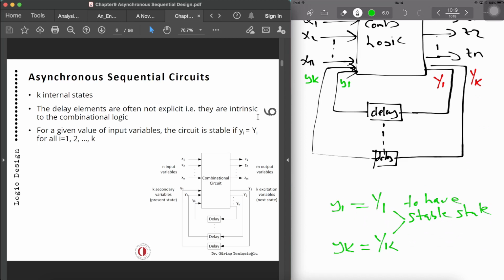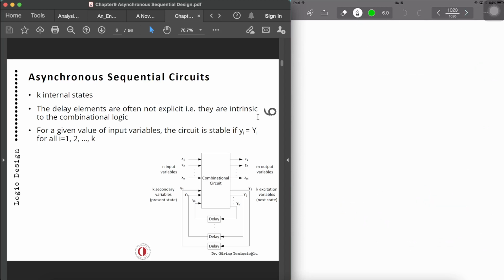Because of the delays in the wires and the gate circuits, it's impossible to have two or more input variables change at exactly the same time without an uncertainty as to which one changes first. So therefore, the simultaneous change of two or more variables is usually prohibited. What do we mean by that?